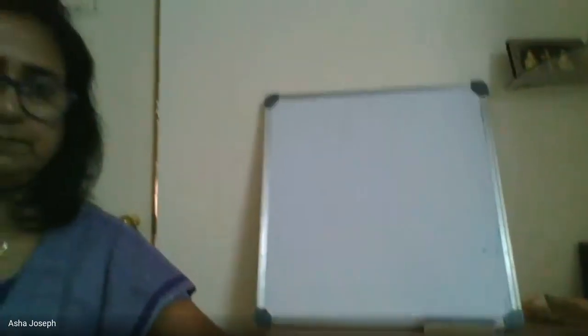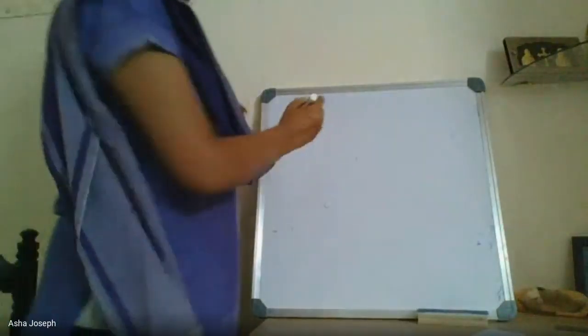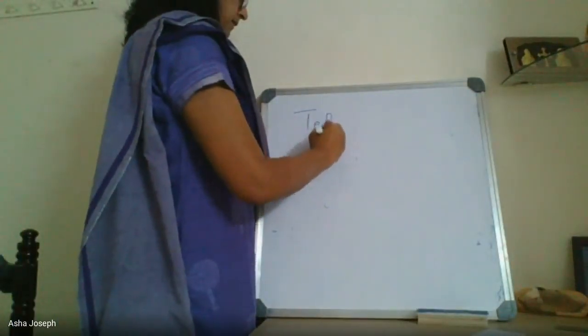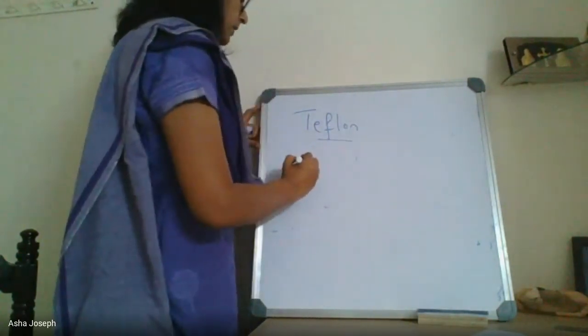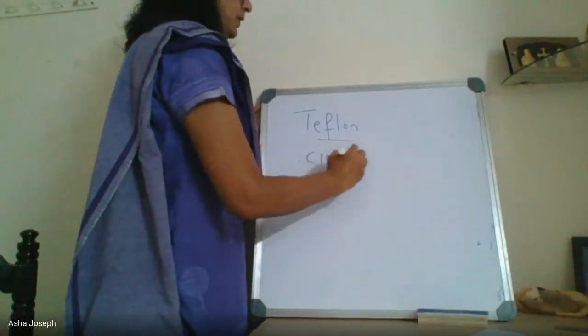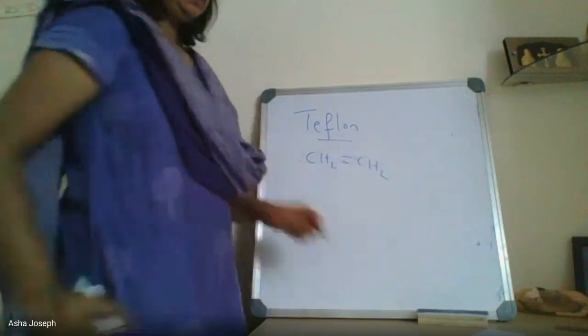So Teflon, I'll come to the board. Teflon is a polymer. Which compound is this?